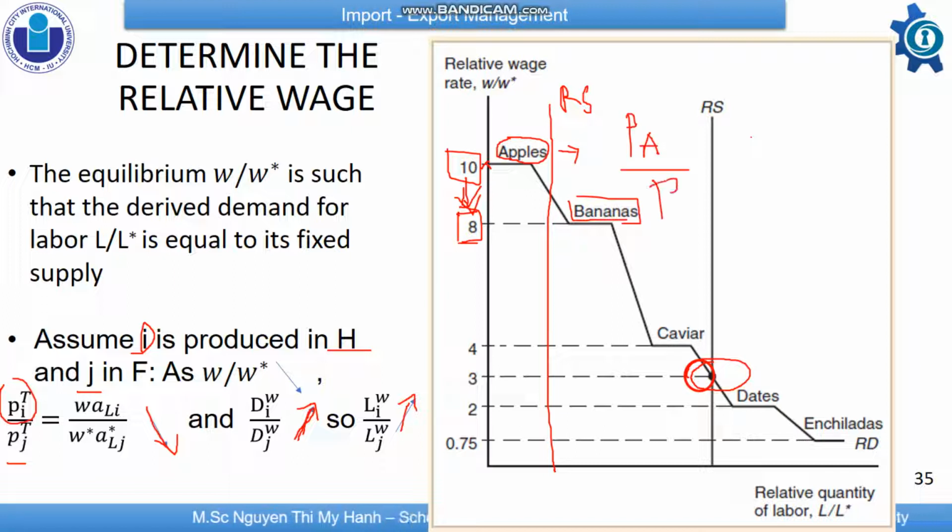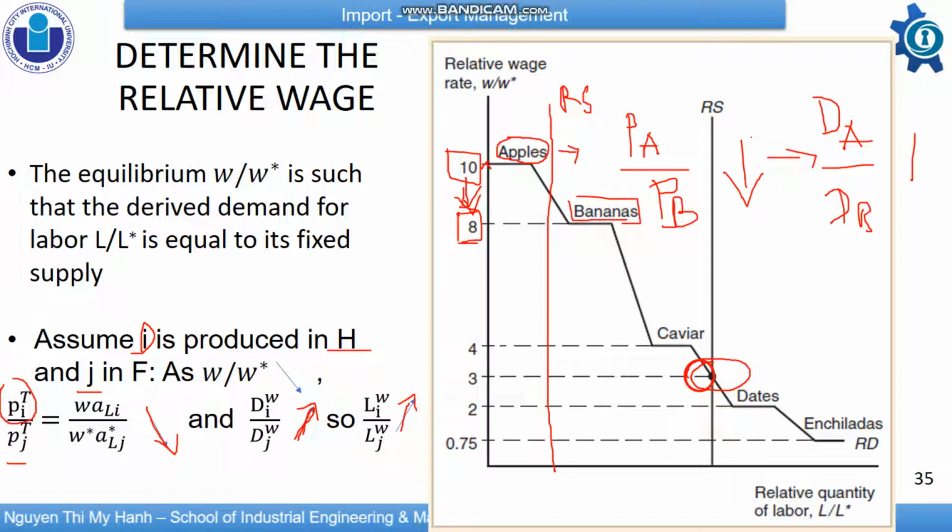The price of apple will decrease relative to banana. So since the price of apple decreases, the relative demand for apple will increase because the price is cheaper.